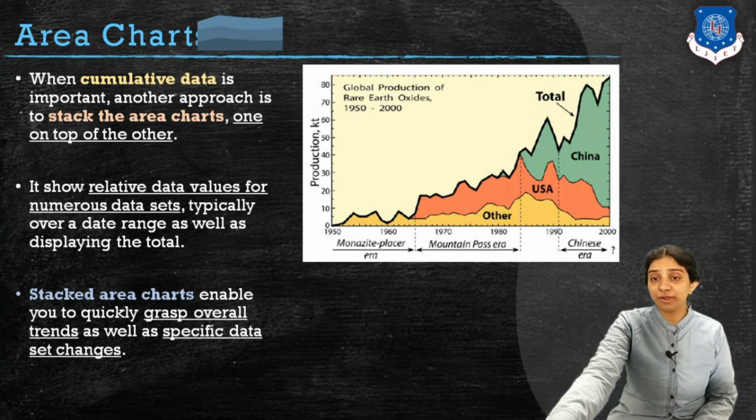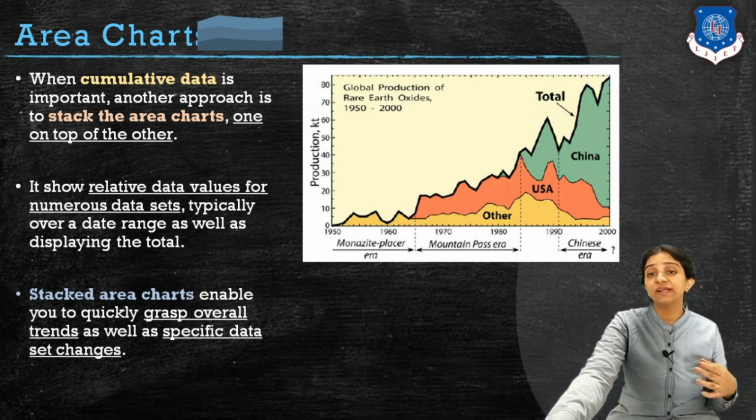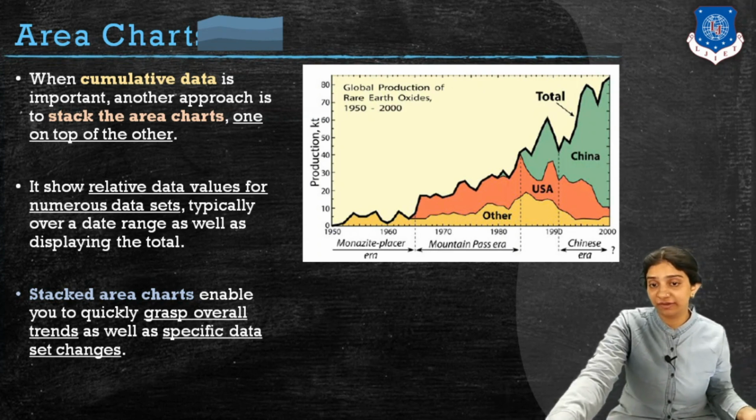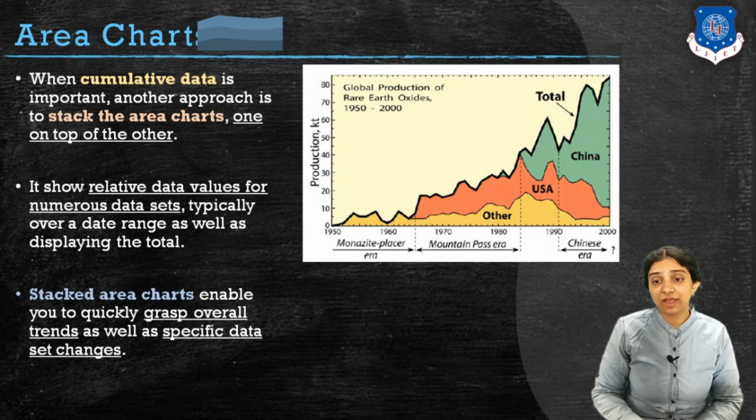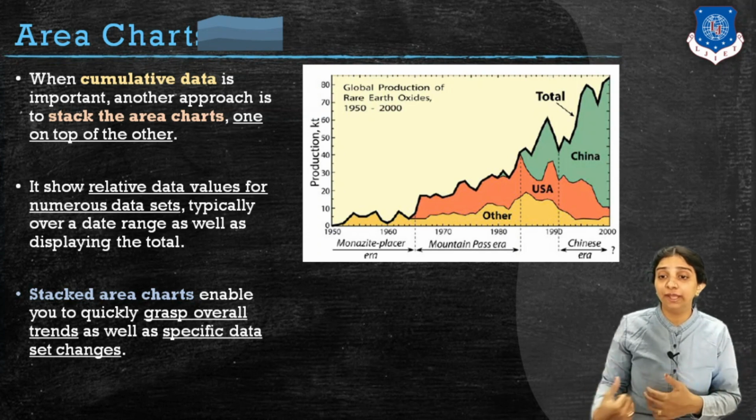This is the production of rare earth oxide from the span of 1950 to 2000, and the production of other countries is depicted by the yellow area.